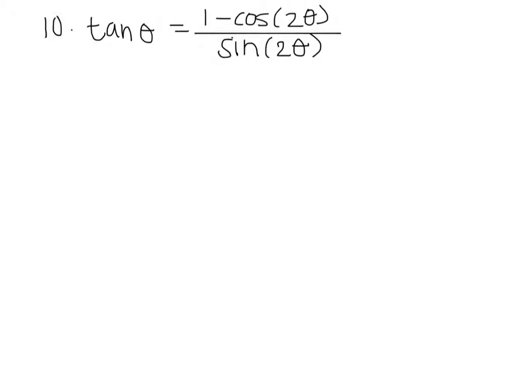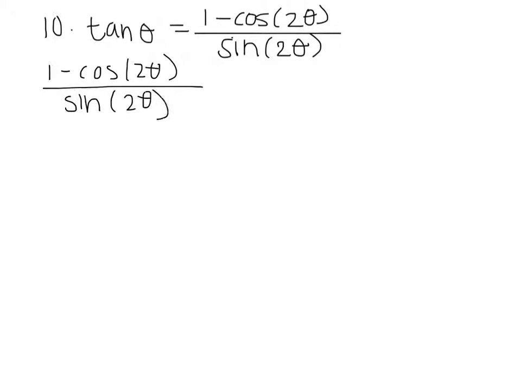Okay, this is the last one that I'll go through with you. Number 10 is asking you to verify this identity, and we know that we always try to start identities on the most complicated side. So I'm going to begin with 1 minus cosine of 2 theta divided by sine of 2 theta.